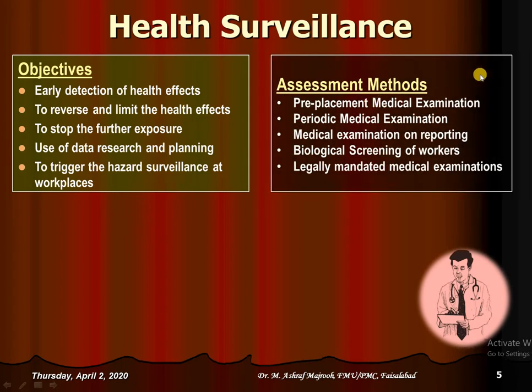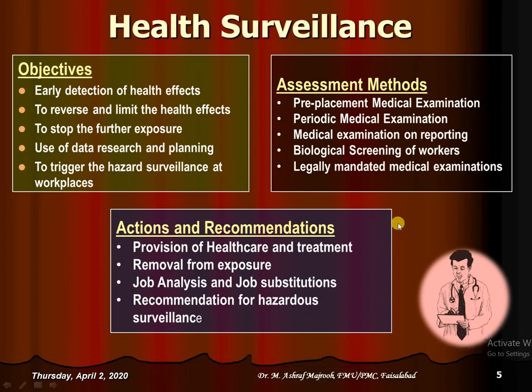Then the assessment methods used for health surveillance are pre-placement medical examination, periodic medical examinations, medical examination on reporting, special reporting, biological screening of the workers, where laboratory tests are done, and legally mandated medical examination. We will explain all these examinations one by one. We will go into the details of each method.